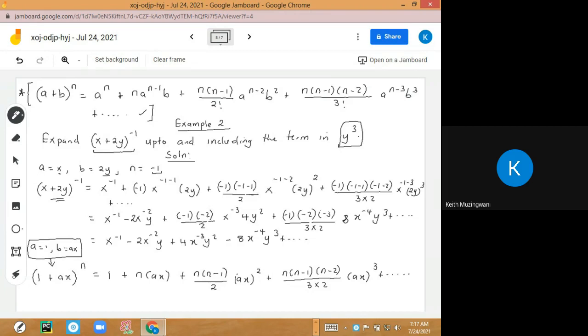And as you do it, you will feel the pain of not factorizing it. Because negative 2 will keep coming and with different powers, and you have to evaluate it at that power. And then evaluate the other part with its powers, and then combine the powers.